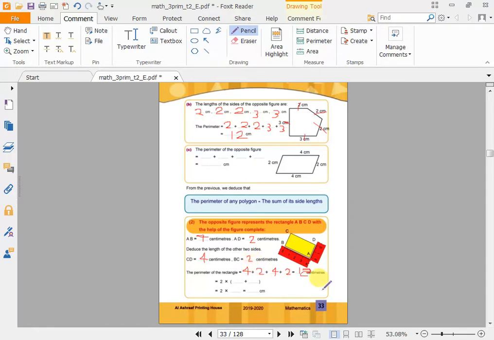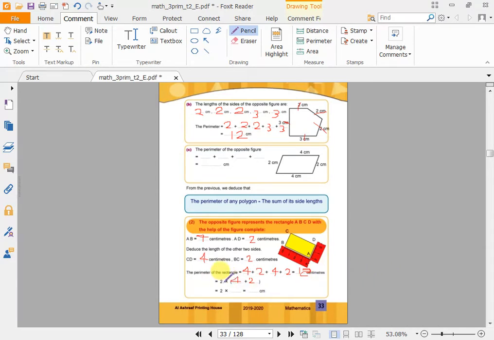Okay, we can say that the two dimensions, length and width, times 2, because we repeat length and repeat width. We write length 2 times and we write width 2 times.